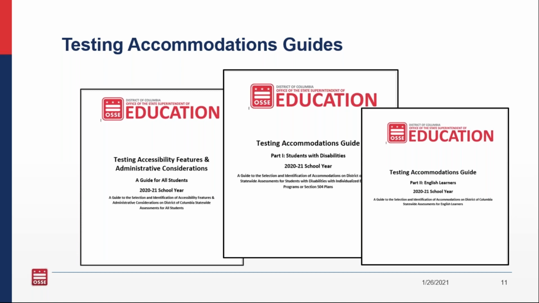We have our Testing Accessibility Features and Administrative Considerations Guide. We have our Testing Accommodations Guide Part 1 for students with disabilities, and we have our Testing Accommodations Guide Part 2 for English learners. These have been updated with considerations for remote administration, for accessibility and accommodation and fairness, which we will discuss later in the presentation.